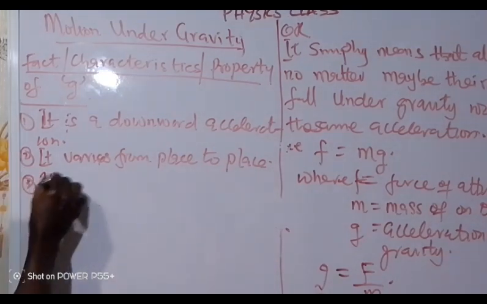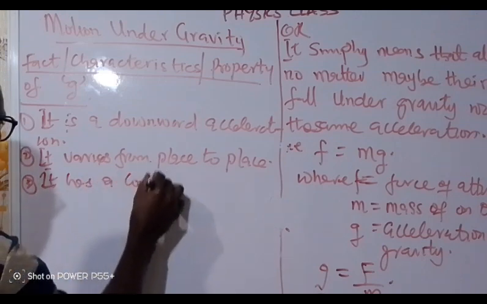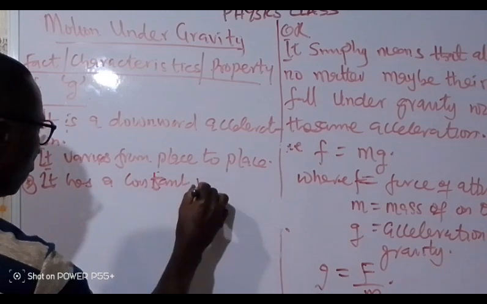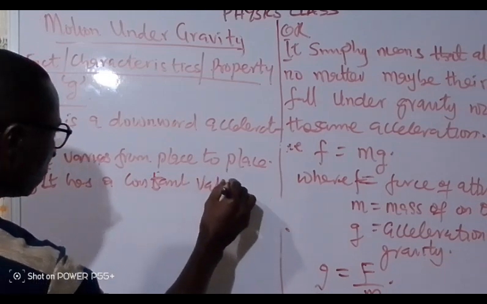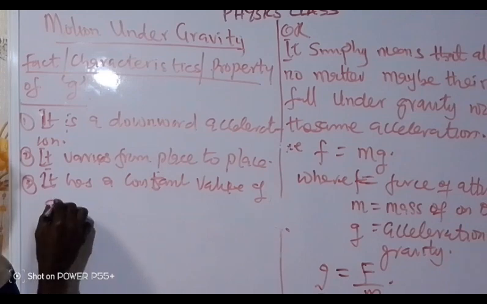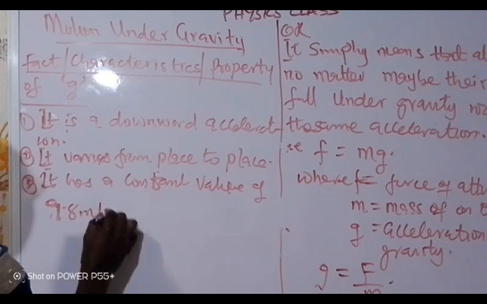Three, it has a constant value of 9.8 meter per second square.